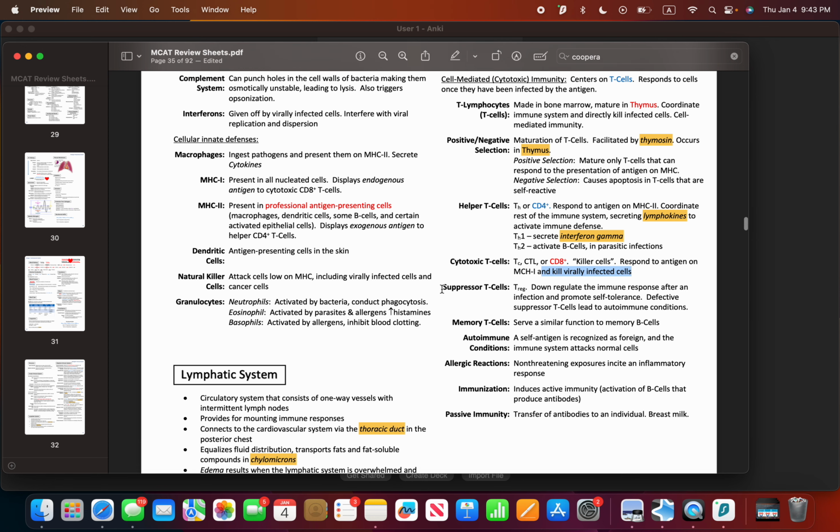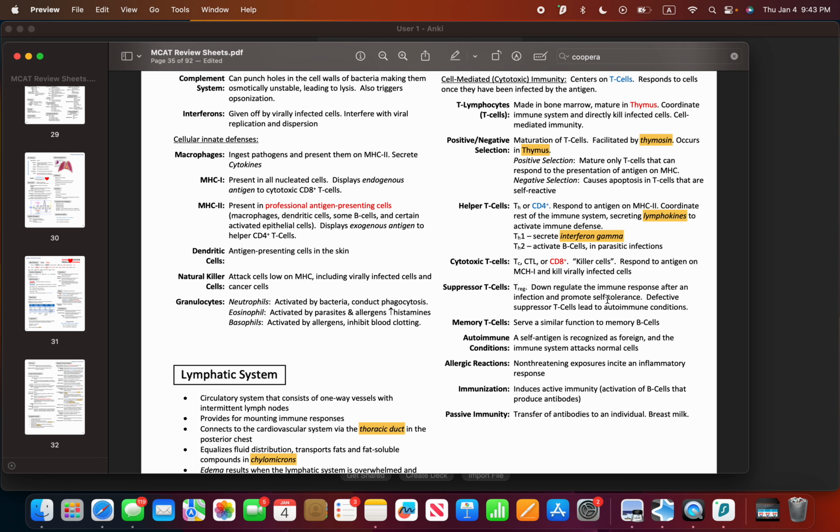We have suppressor T cells. What I remember from suppressor T cells is that they help to differentiate the self versus non-self cells, and this helps in reduction of the risk of autoimmune disorders. So the Treg downregulates the immune response after an infection and promotes self-tolerance.